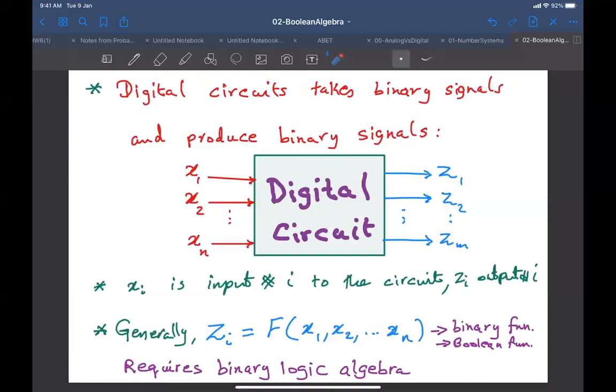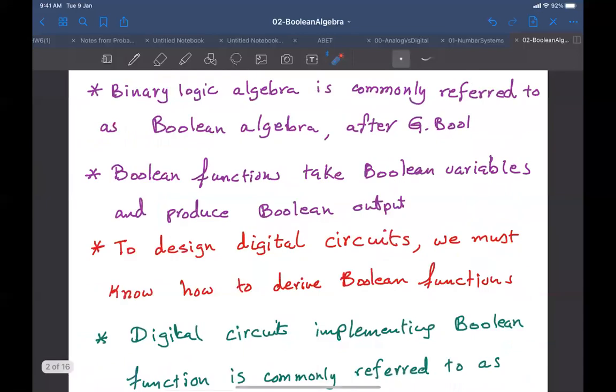We call this z sub i a binary function or Boolean function, and its manipulation and evaluation require what we call binary logic algebra, or Boolean algebra, after George Boole, who derived it.